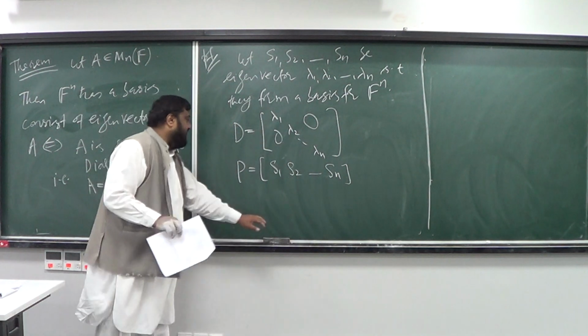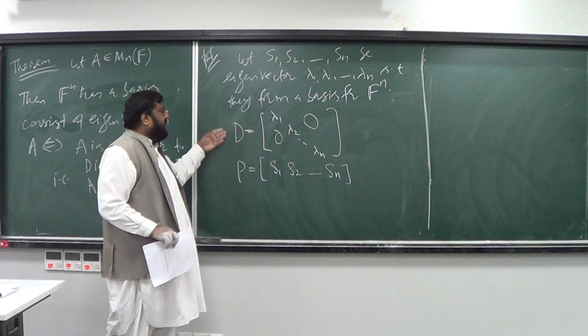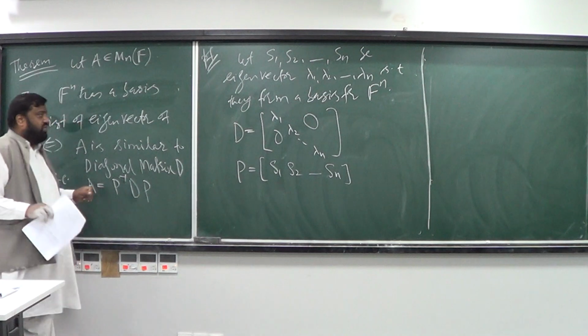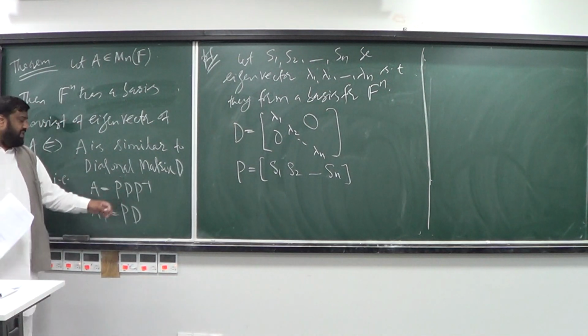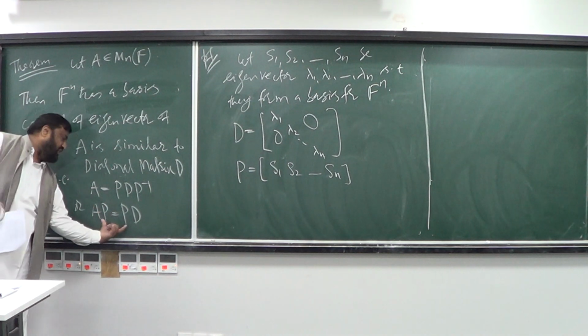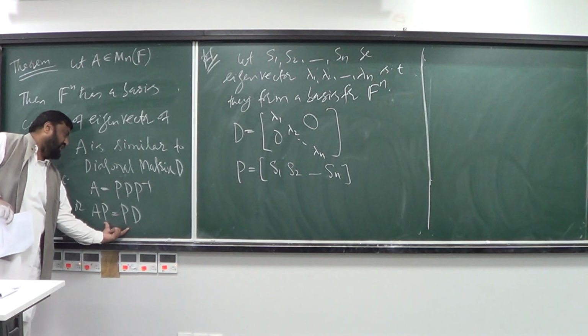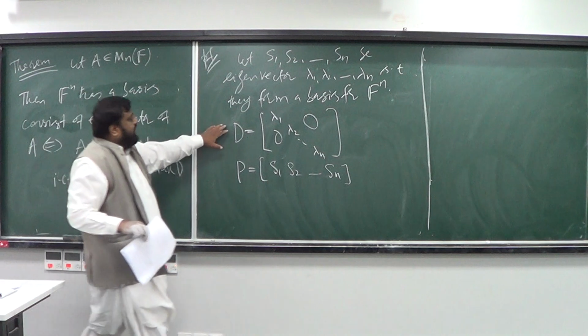My claim is that if you compute P inverse D P, you're going to recover A. So if A is P D P inverse, then AP is equal to PD. So this is what you need to show. So I have a choice for D and a P.